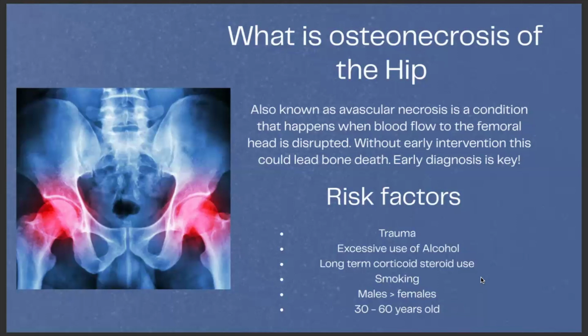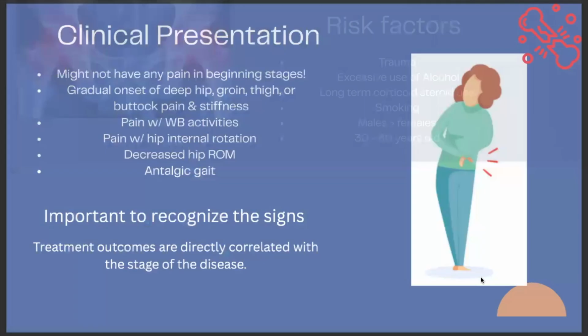Smoking, and males have a higher prevalence of getting this than females, between the ages of 30 to 60. So, some clinical presentations. One of the biggest things with osteonecrosis of the hip is that the patients might not have any pain in the beginning stages.